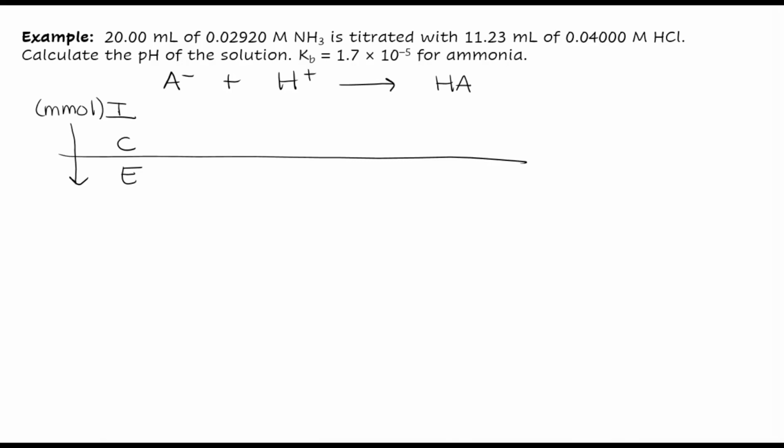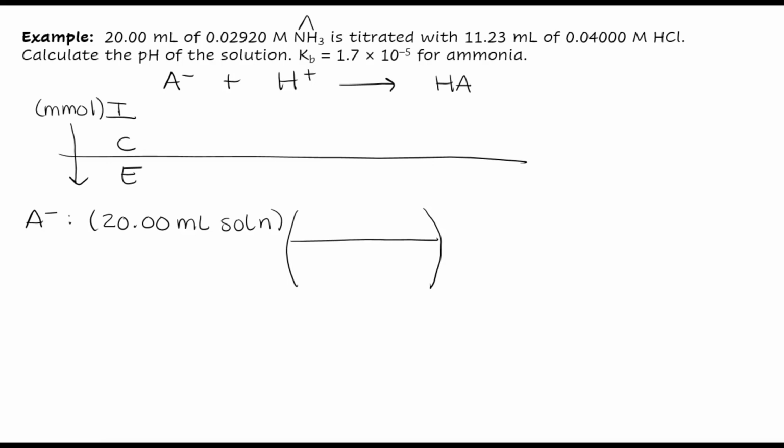We need to calculate the millimoles to enter into this table. So we'll start with A-. We have 20.00 milliliters of solution. Make sure you're including all the zeros so the sig figs get noted correctly. We'll multiply that volume by the molarity of our A-.